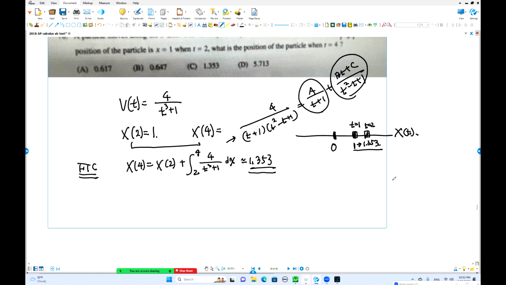You can use this number line, or you can use the xy plane, right? Time over here, x over here. When t is 2, it is 1 there. When t is 4, it is what? 1.353, okay? So we follow the graph of this one. If the graph looks like this, it came down. Yeah, this much change. This one is the integral from 2 to 4 of 4 over t cubed plus 1 dt, okay?